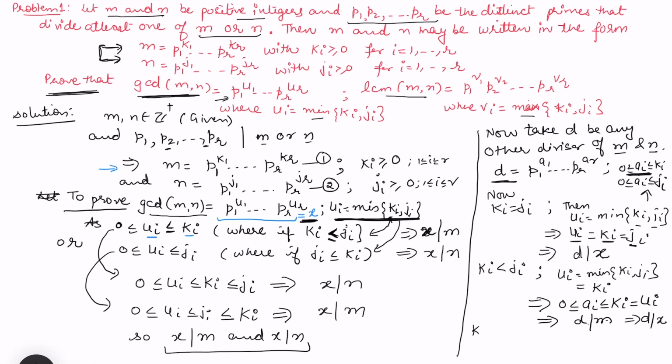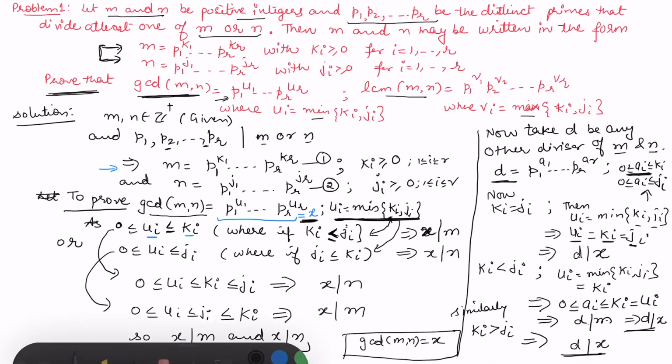And similarly, if ki is greater than or equal to ji, we similarly get that d divides this quantity x in this case also. So in all situations we get that any other divisor divides this quantity, and so the GCD of m and n is equal to x, this whole quantity.